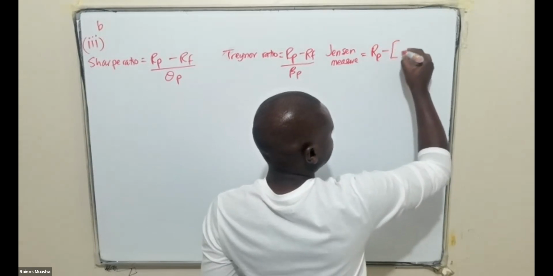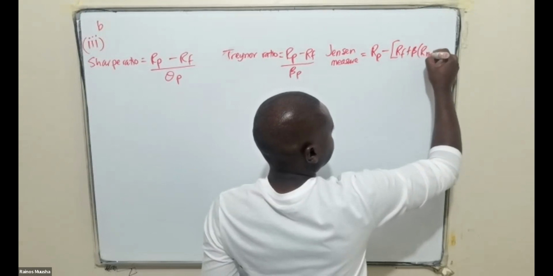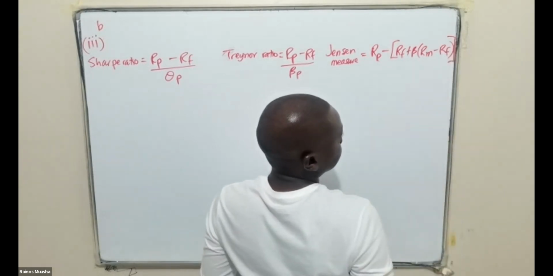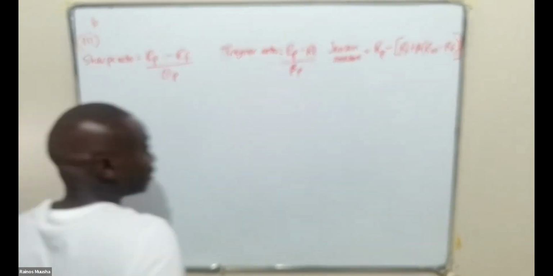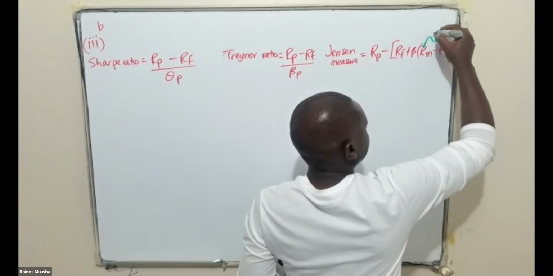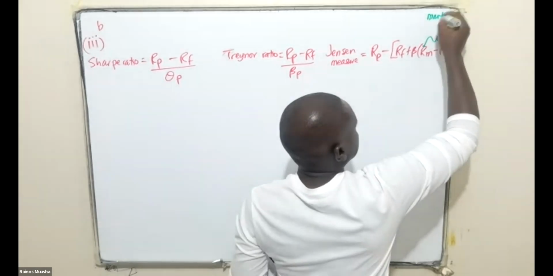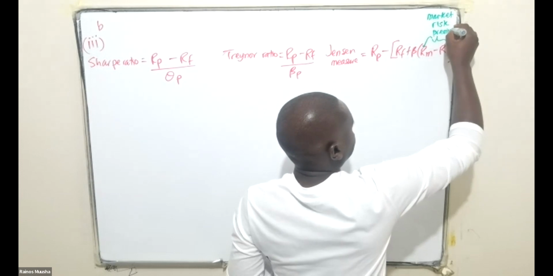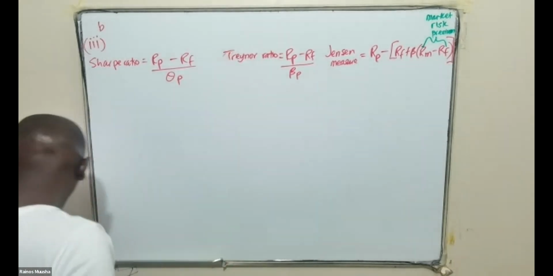And the capital asset pricing model will be the risk-free rate of return plus beta times the market return minus the risk-free rate of return. And remember, your market return minus the risk-free rate of return, they also refer to it as the market risk premium.